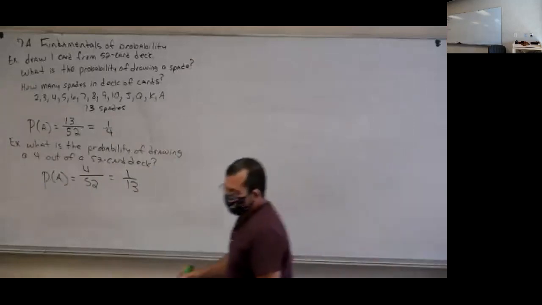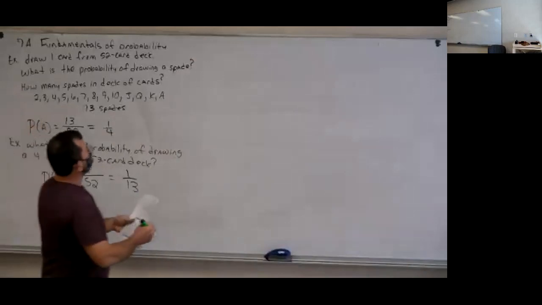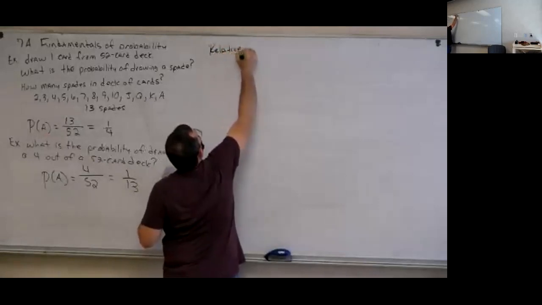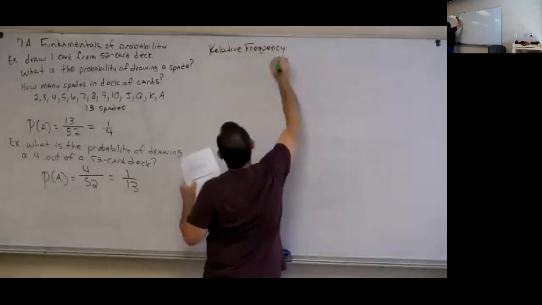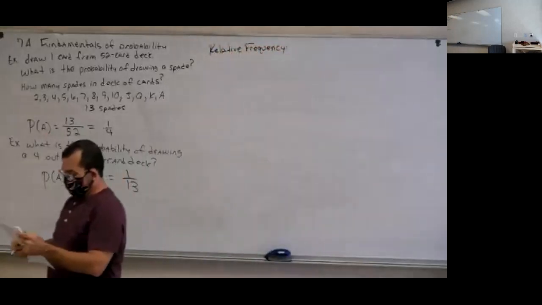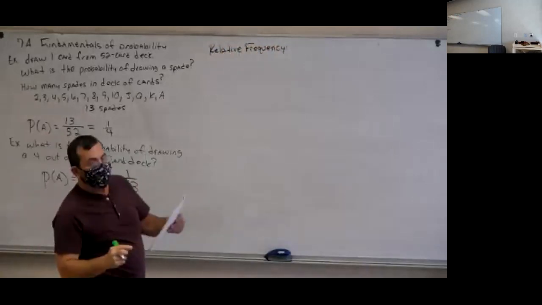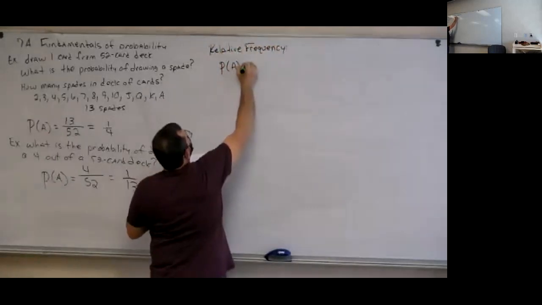Okay, so next word. Let me find my notes. Relative frequency. So that was what we called theoretical, right? So now we've got relative frequency. Now, relative frequency is different than theoretical.